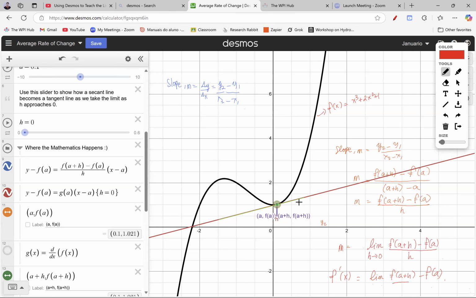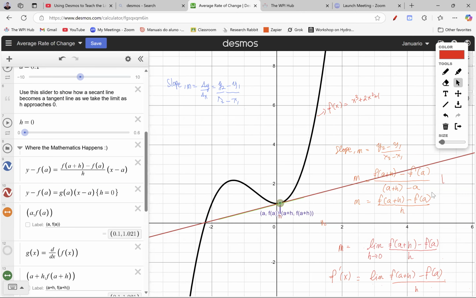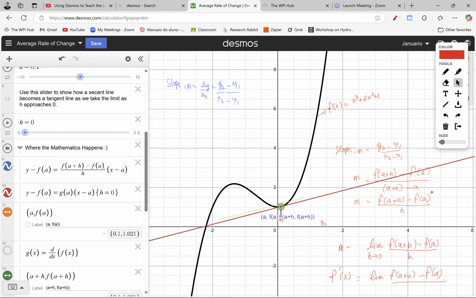You divide that by h, and then you have a limit as h approaches 0, and this is over h.